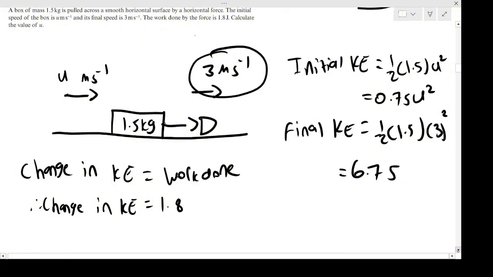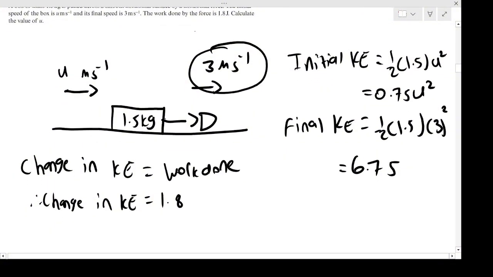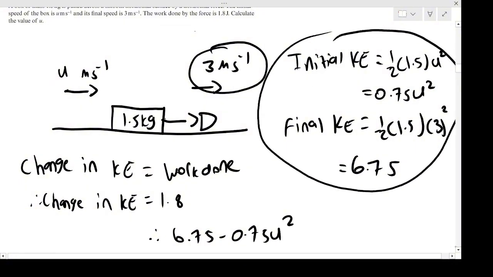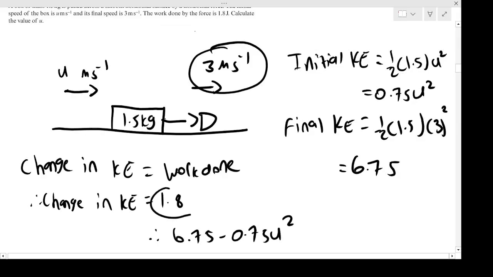So the change in kinetic energy is the final take away the initial kinetic energy, so 6.75 take away 0.75 u squared. That comes from what we just worked out. That's going to equal the given change of 1.8.